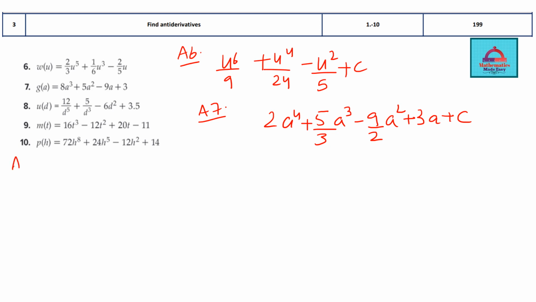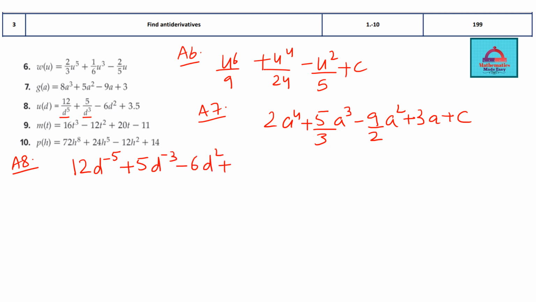I will do answer 8 in great detail for you because it's a little different as you have the powers in the denominator. So when you have the powers in denominator, first you change it into a negative power. Make it on the numerator and convert the question in this manner, and then you apply the power rule.